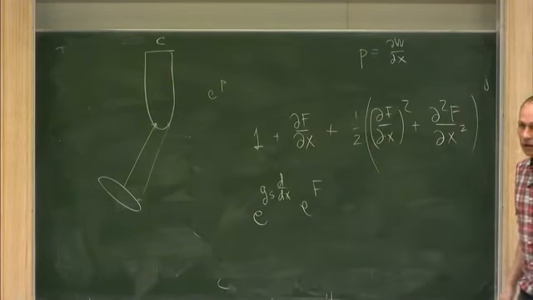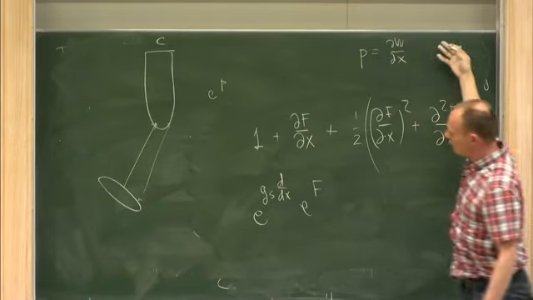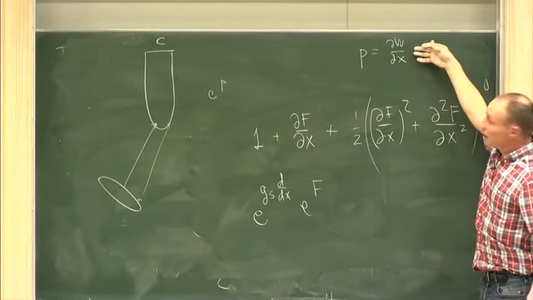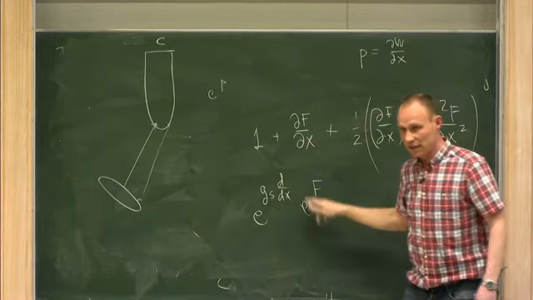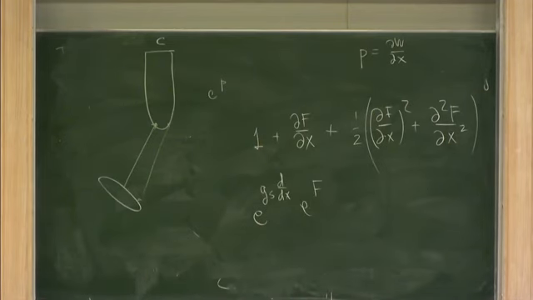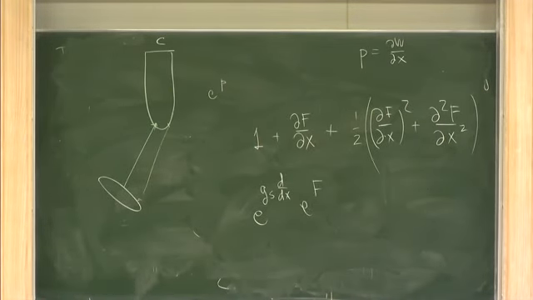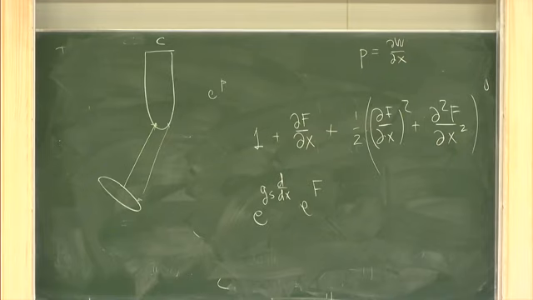Previously we made this substitution, but now we should put p equal to gs ddx. So this is our enumerative interpretation of this quantization, and indeed, we see that this begins pretty well. In order for such a thing to make sense, we should put p equal to gs ddx.